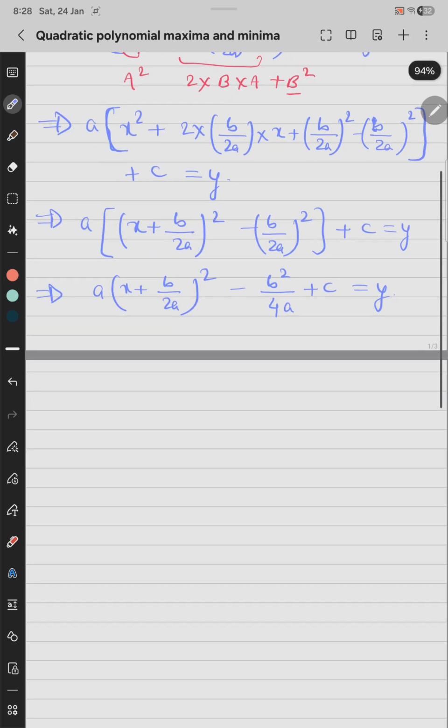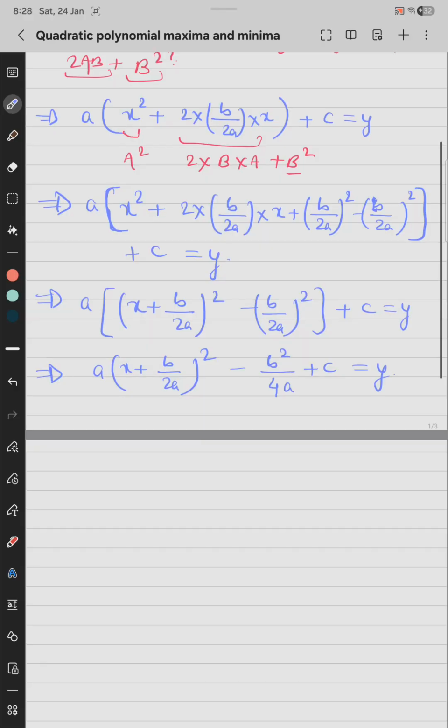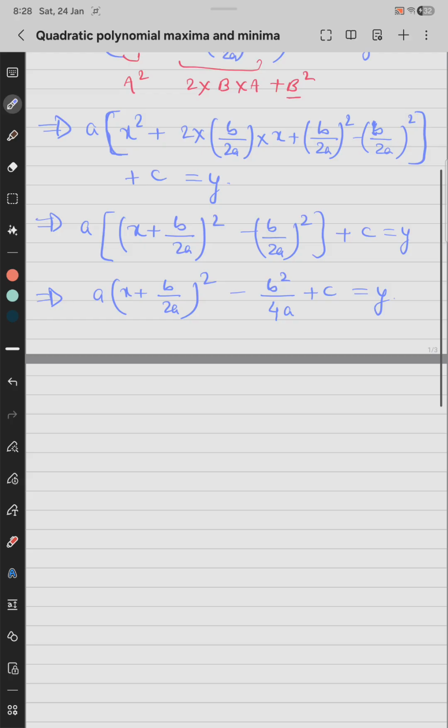Now we have broken down the equation into a number a times a square of another number, minus b square by 4a plus c. Now let's say we want to find the maximum or minimum value of y.